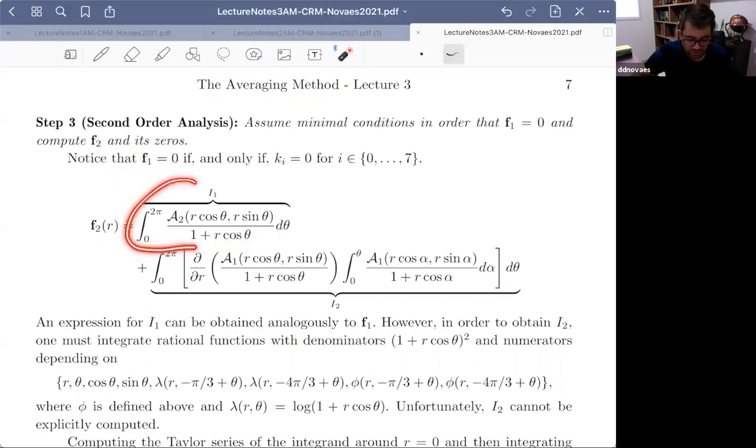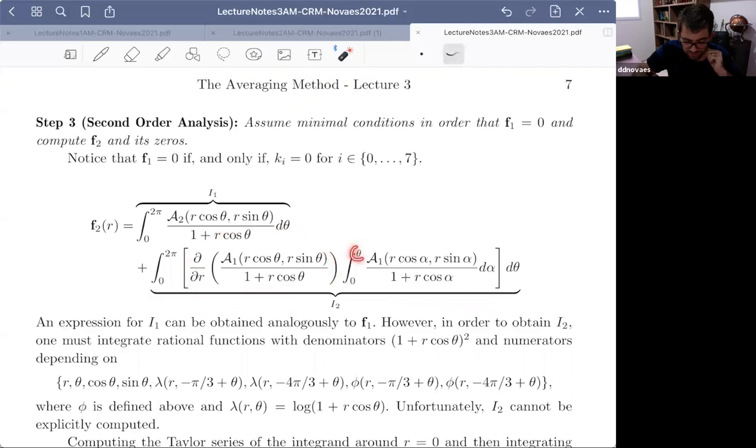The first one can be computed in a very similar way to the first order average function, but the second part of this integral is more complicated and actually can't be computed explicitly, because we have to compute the derivative of a quotient and multiply this derivative by the integral.